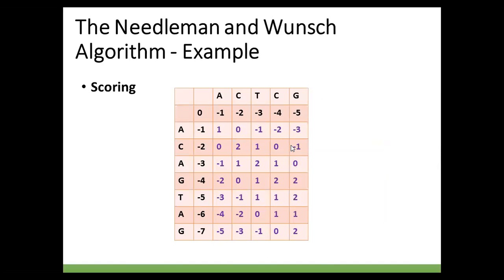Okay, so what we are doing here is, you see here 0 is here, and -1, -2, -3, -4, -5, those are initialization values. And here you come here and see what is here. So there's A matched with A. Okay, 1 is the value here.